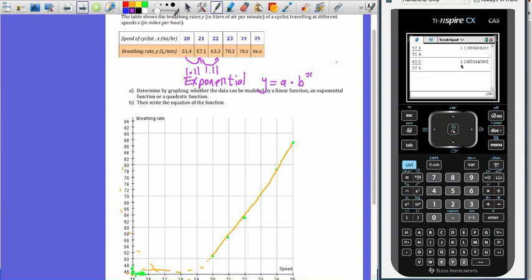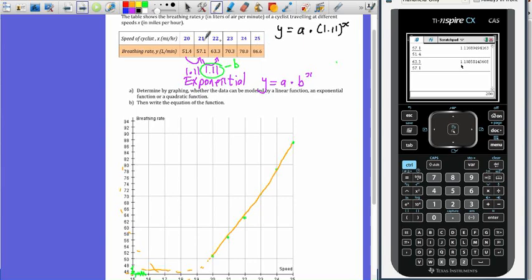What we can ascertain immediately is that 1.11 is our common ratio, and therefore that is our base. So we can begin by writing part of our equation, y is equal to a times 1.11 to the power of x, and what remains to be done is to solve for a.